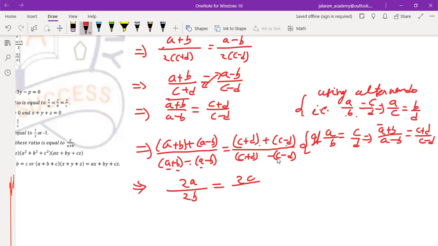In the denominator, C minus C will be cancelled out, D plus D becomes 2D. All 2's will be cancelled out. So A by B equals C by D.